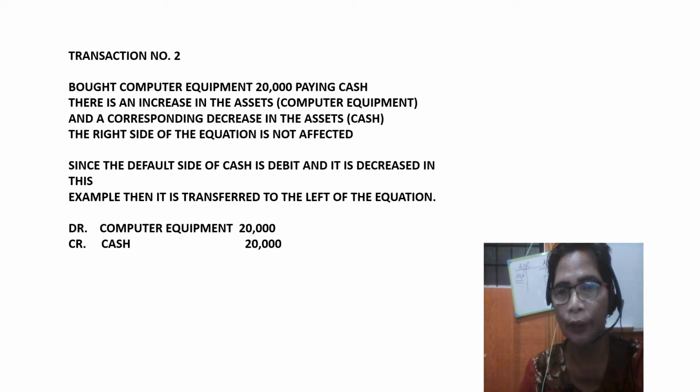So for our journal entry, we have debit computer equipment, and credit cash. Why credit cash? Why is it that we are not considering any more the default setting of the cash, which is debit? Because the cash there is already decreased. So it is transferred to the other side of the equation.